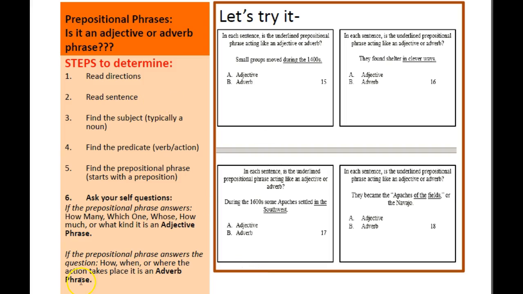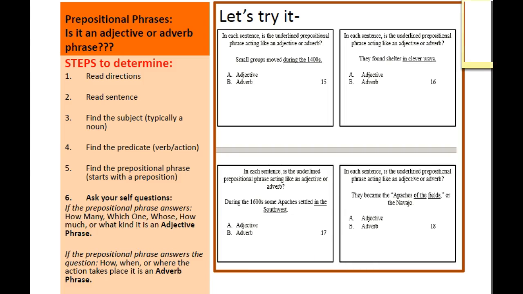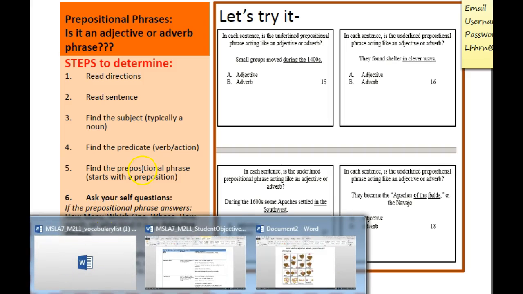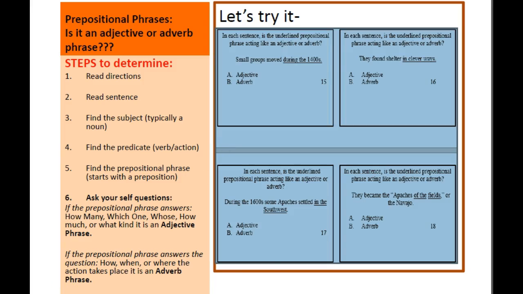So when you look at the word preposition itself, you'll notice that it has the word position in it. So that's how I like to remember it. And then a phrase. So we know we're looking for a word that shows position and is a phrase, so it's in a group of words. Cool. All right, let's just dive in.